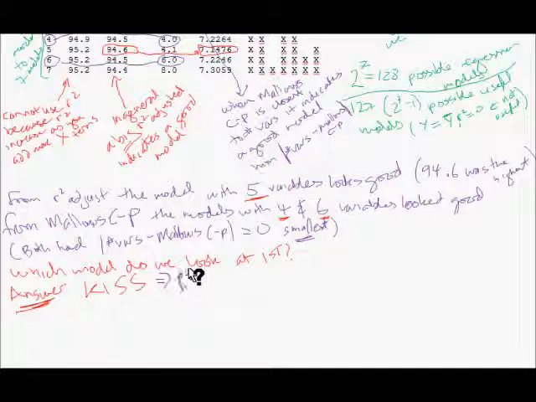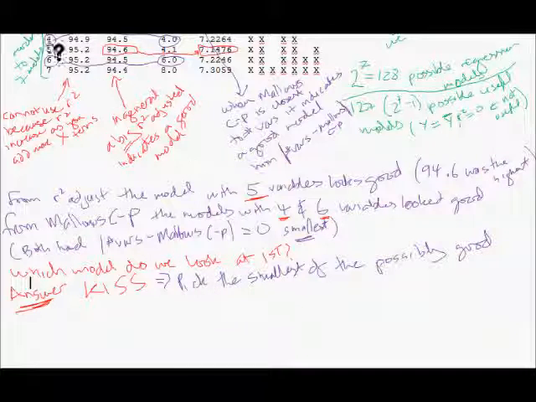So pick the smallest of the possibly good models. Let's get a better model there. Pick the smallest of possibly good models. So that means we're going to pick the one with 4 variables.